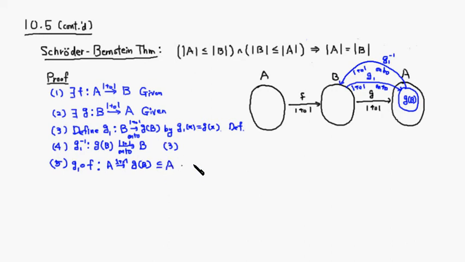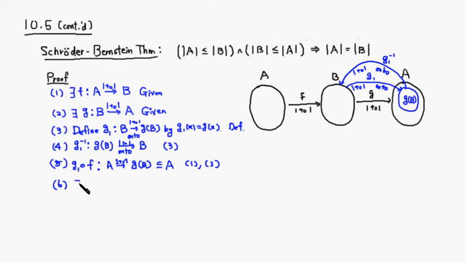This comes from line 1, which tells you that f is one-to-one, and line 3, which tells you that g1 is one-to-one. So by the theorem we previously proved, line 6: if there's an injective function from a set to its subset, then there's going to be a bijection.